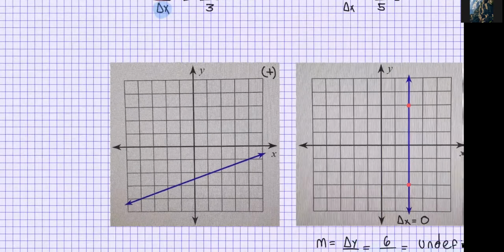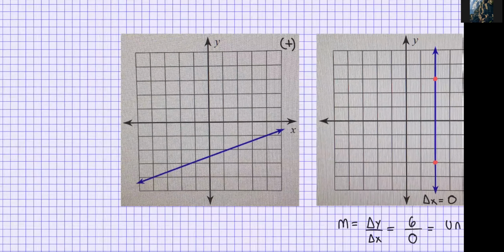We have to do the same for this one right here. So let's identify those points first, as we said. And here's one of them. And here's the other one. So we're going to do exactly the same thing. We're going to measure the horizontal distance between those 2 points.